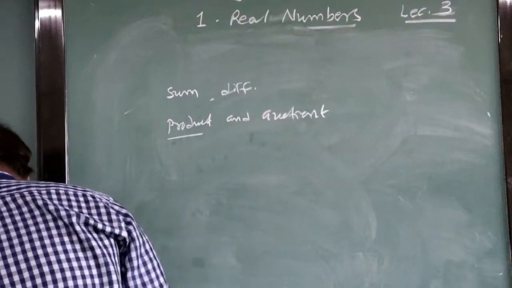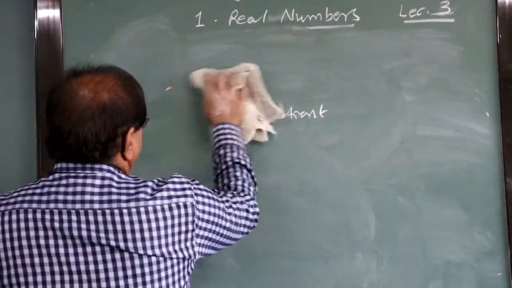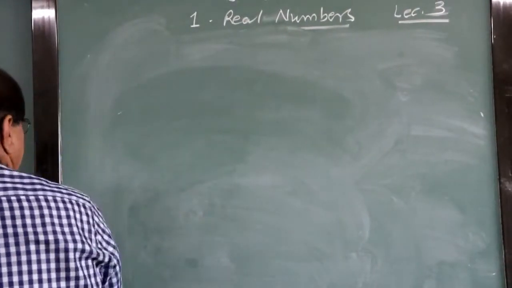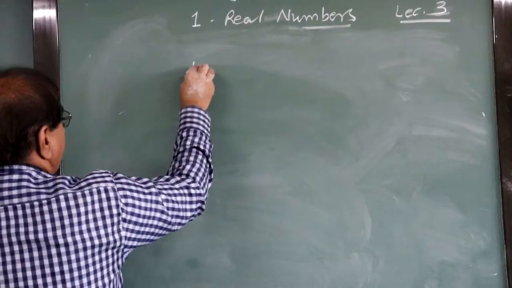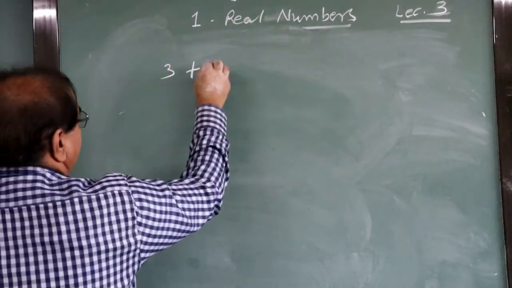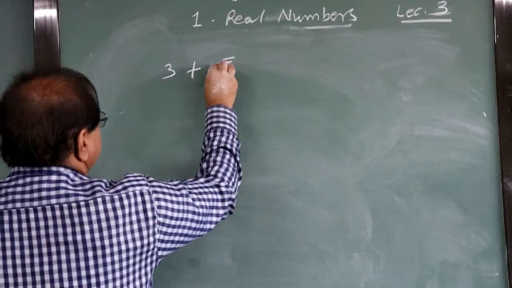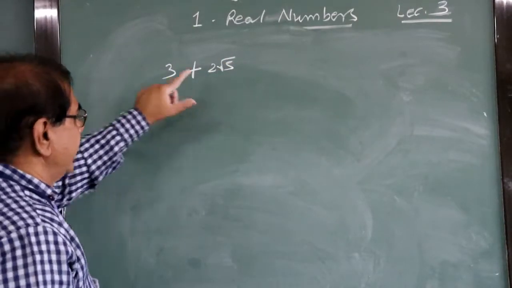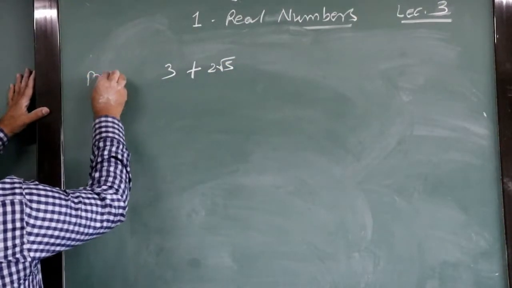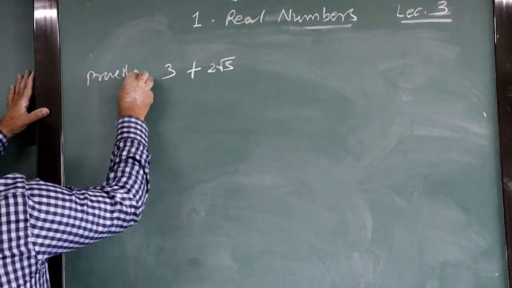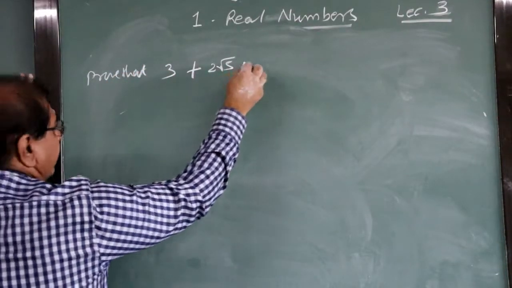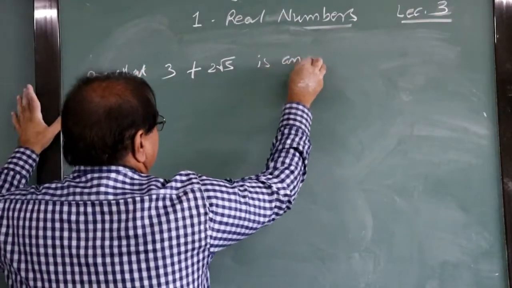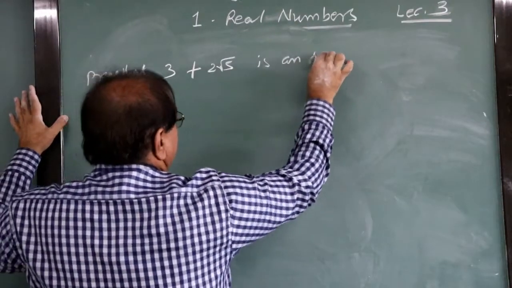So this is the fact, and we go for such an example: the sum of one rational and one irrational, 3 plus 2 root 5. We have to prove that 3 plus 2 root 5 is an irrational number.